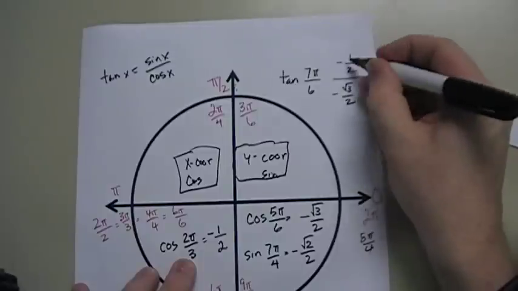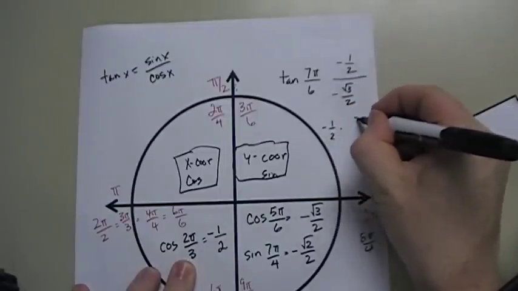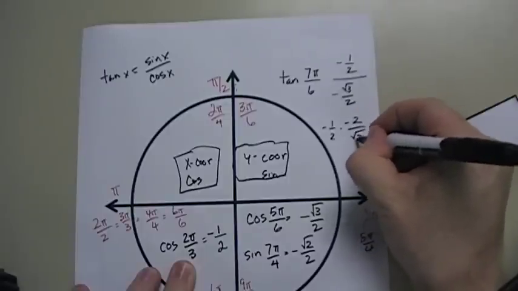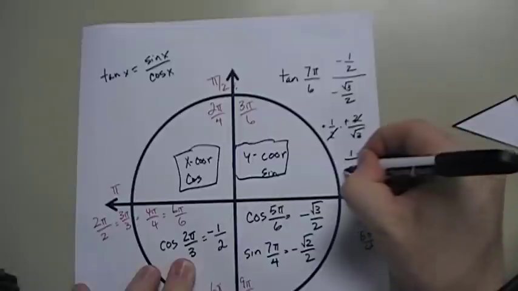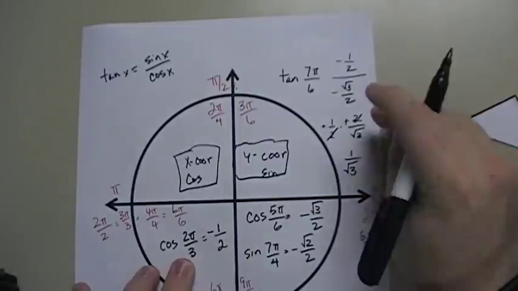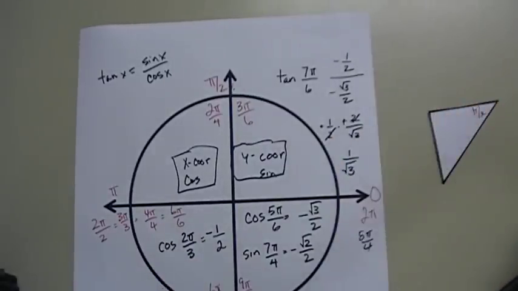And remember, dividing fractions, we just multiply by reciprocals. The negatives, of course, will cancel. The 2's will cancel, and we'll be left with 1 over the square root of 3, which you could rationalize to be square root of 3 over 3. So you see, you can build the tangent the same way using the hand trick and the unit circle.